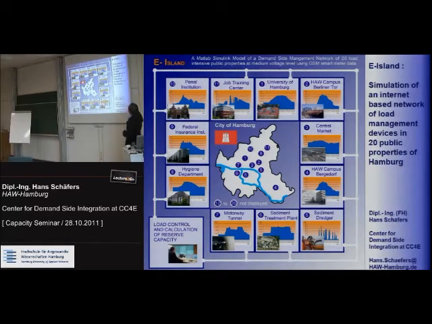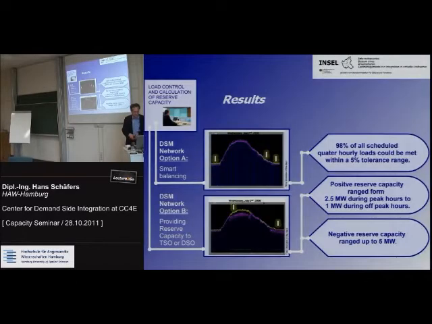So we simulated an internet-based network of load management devices in the 20 biggest public properties of Hamburg. Now, big just means lots of electricity, 20 most important electricity consumers. Those were the results. What we found is that for the two options, one would be smart balancing, and I'm coming to that in a minute, and the second would be providing reserve capacity.